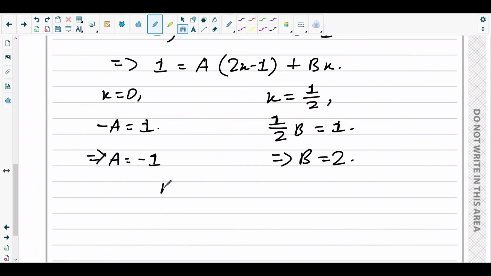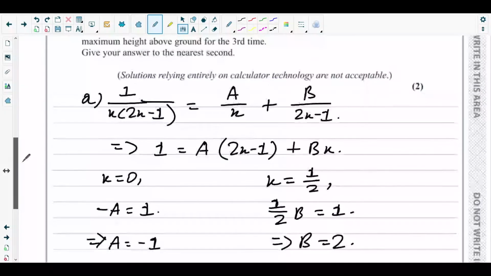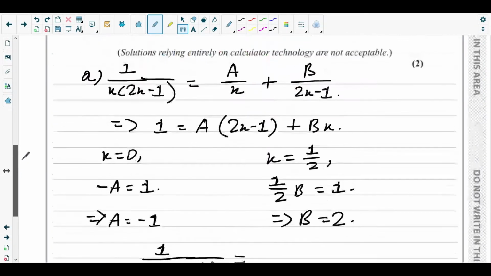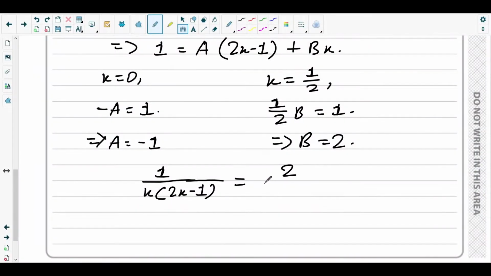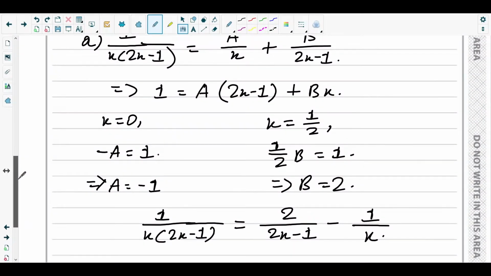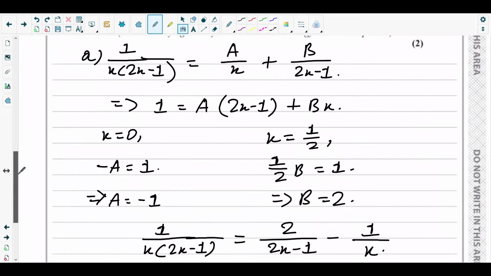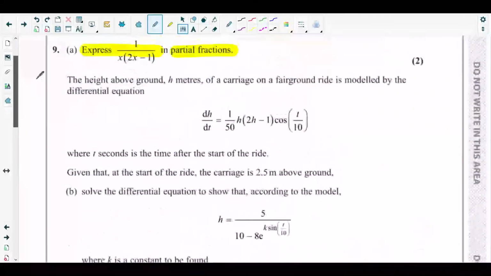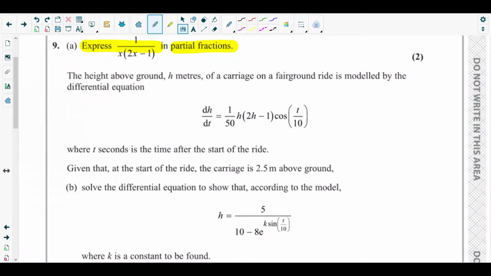So 1 over x(2x minus 1) can be written in partial fraction form as 2 over (2x minus 1) minus 1 over x. And that's what part A has asked for.